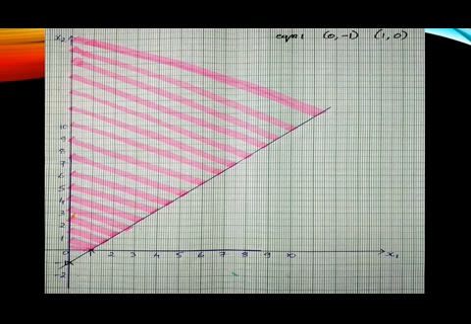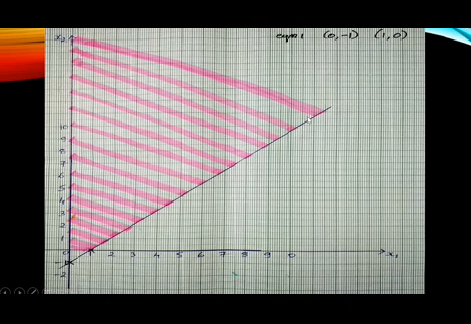But still not a problem because the line can be extended on either side. The other point is 1 comma 0, 1 along x1 and 0 along x2. So the line that I get is from here to here. But I am supposed to extend it on either side so that it passes through the first quadrant.